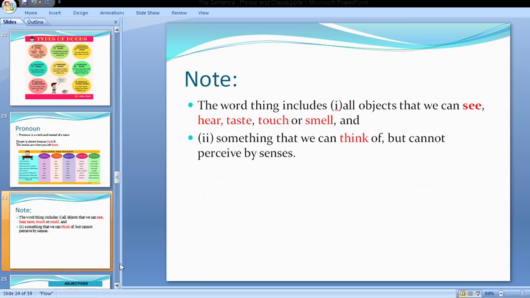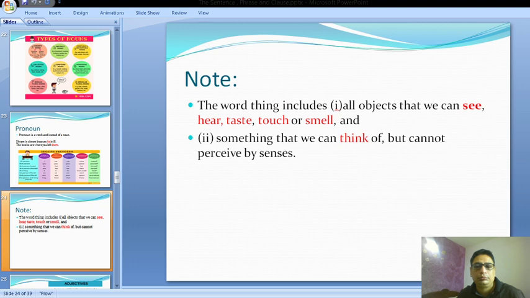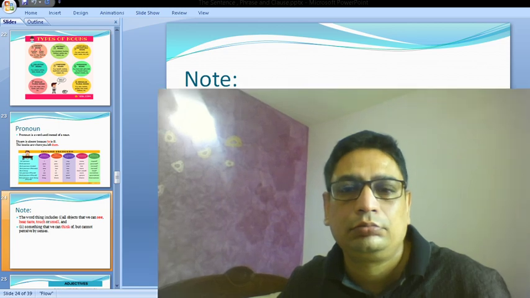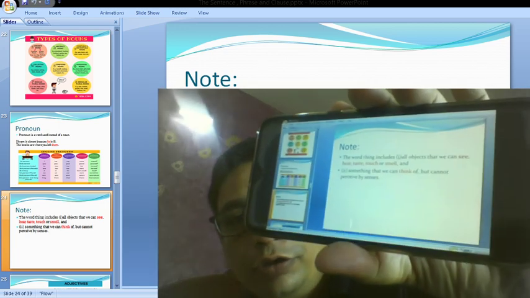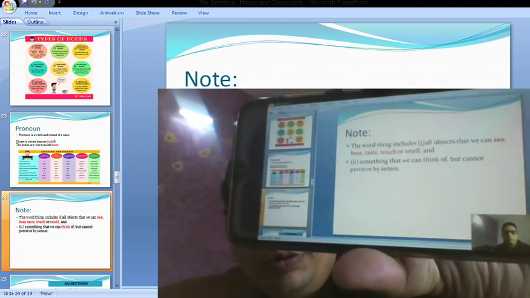It's not blurry, right? So increase your picture quality. I'm logged in from a different account on my mobile, and I can see clearly that it's not blurry. I'll just try to show you. One minute. I don't know whether you're able to see it or not, but it's not blurry.